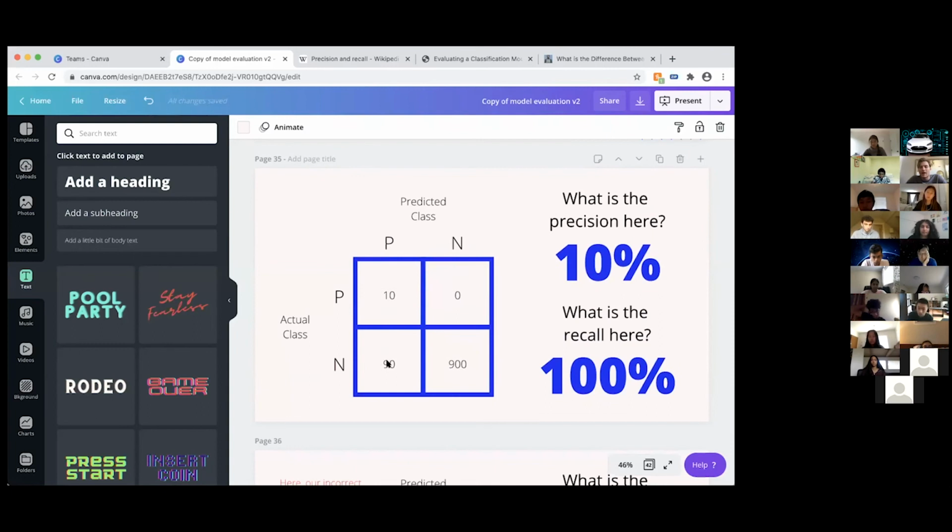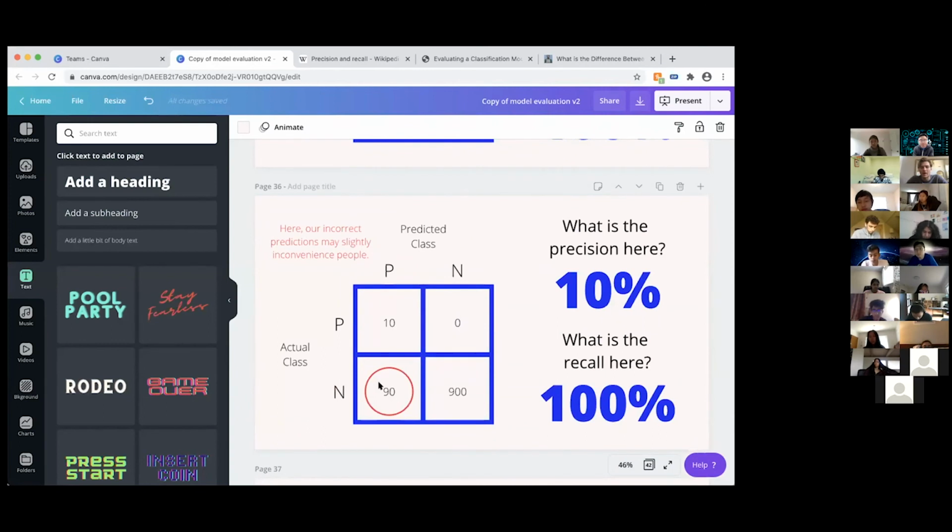In this case, the precision would be 10%, right? Because if we do 10 divided by 100, we would get 10%. But for the recall, we would have 100% recall because 10 divided by 10 is 1 or 100%.